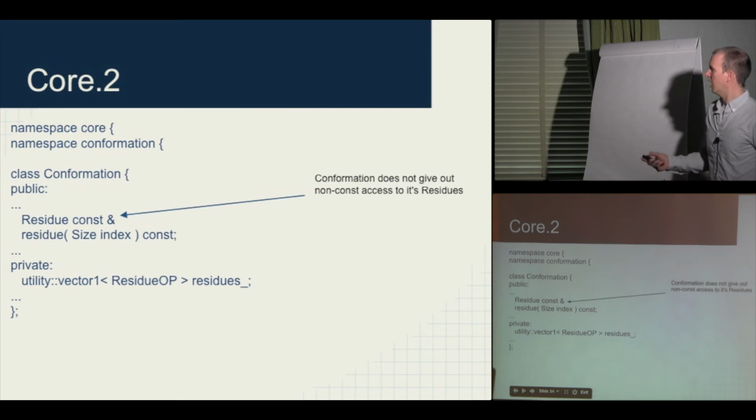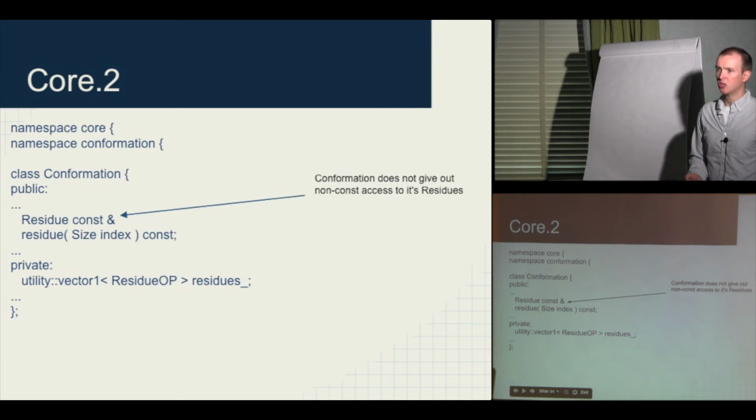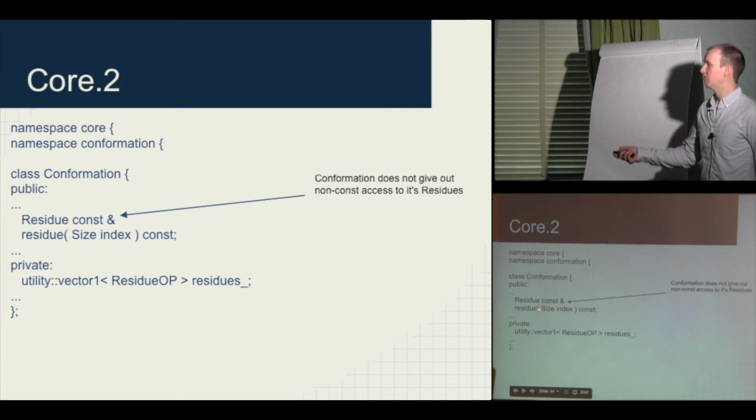Okay, so I think that's all I was going to say about class residue. Conformation consists of a number of different things. One thing it consists of is a vector of residue owning pointers. And the main way that you get access to a residue is by asking for it from the conformation's residue function. So you give it the index.